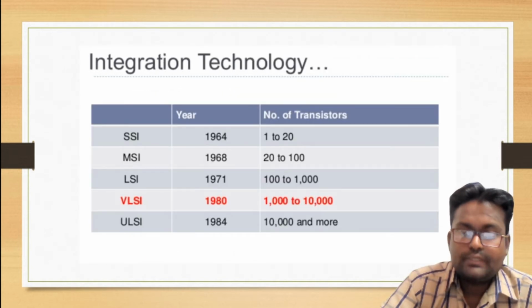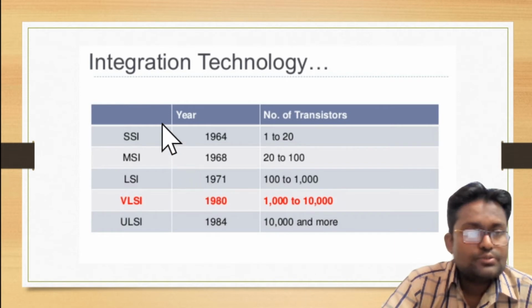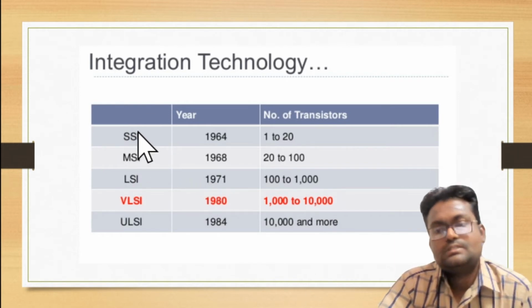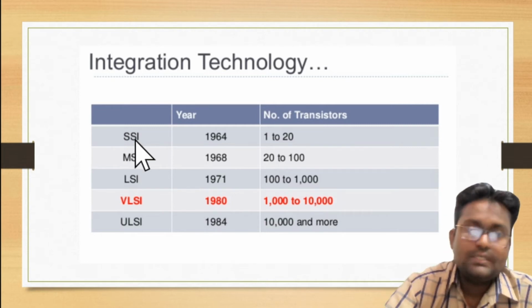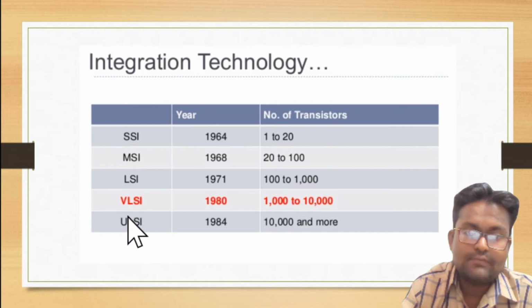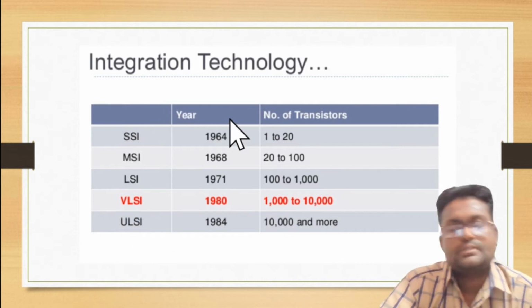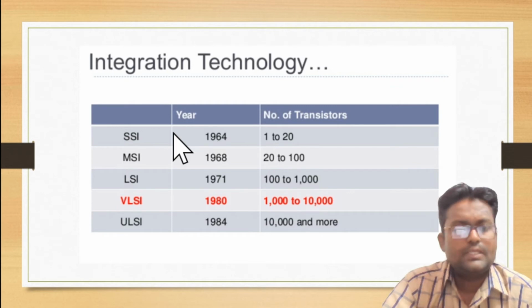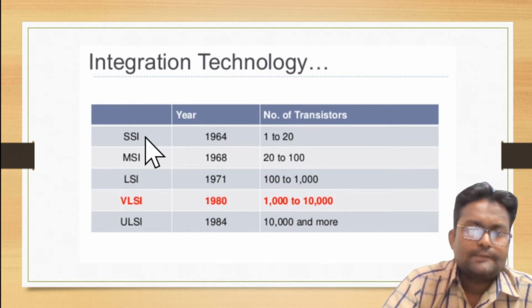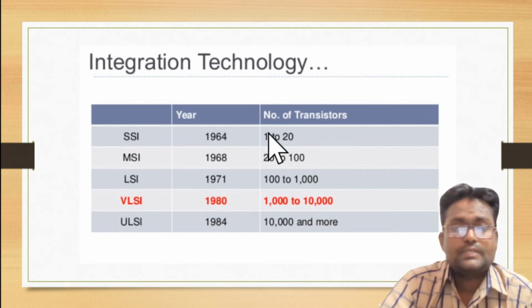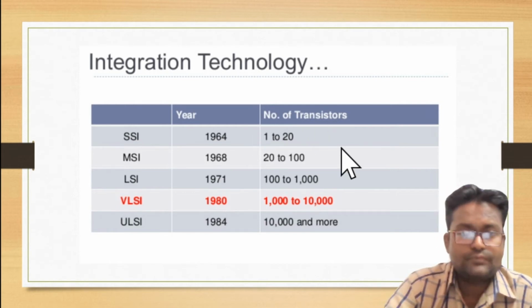When the size of the integrated circuit becomes small, the technology progresses from SSI, then MSI, then LSI, then VLSI, then ULSI. SSI technology was introduced in 1964. In this technology, the number of elements connected in an integrated circuit is less than 20, that is 1 to 20.